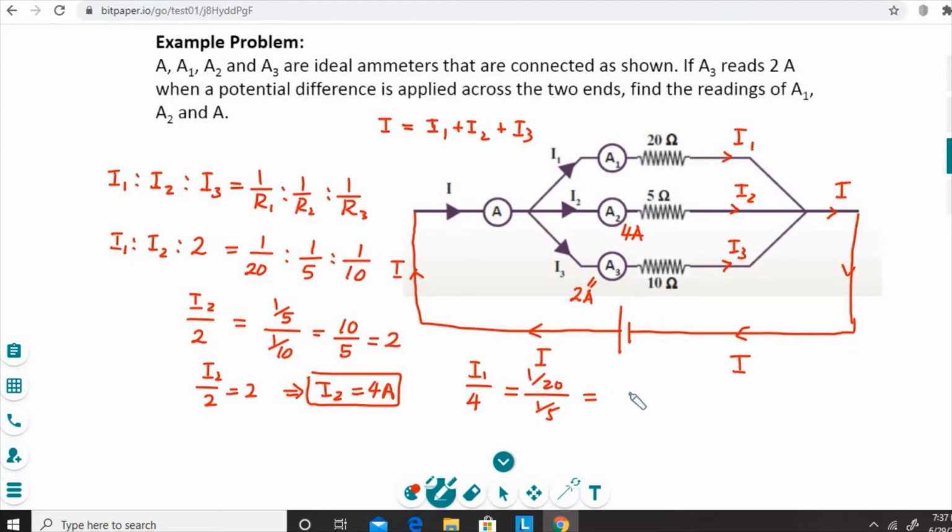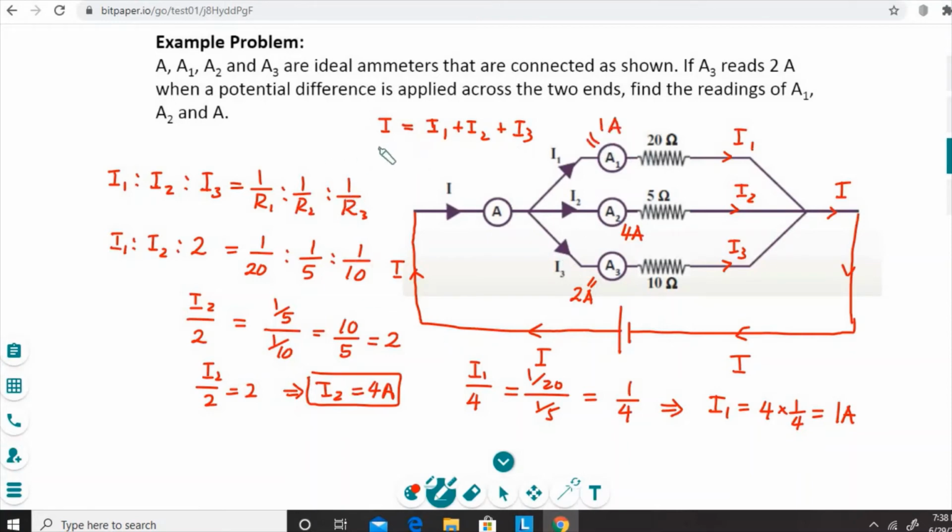So this means I have 1 over 4, and that means I1 is equal to 4 times 1 over 4, which is 1 amp. So the current passing through the 20 ohms resistor is 1 amp.